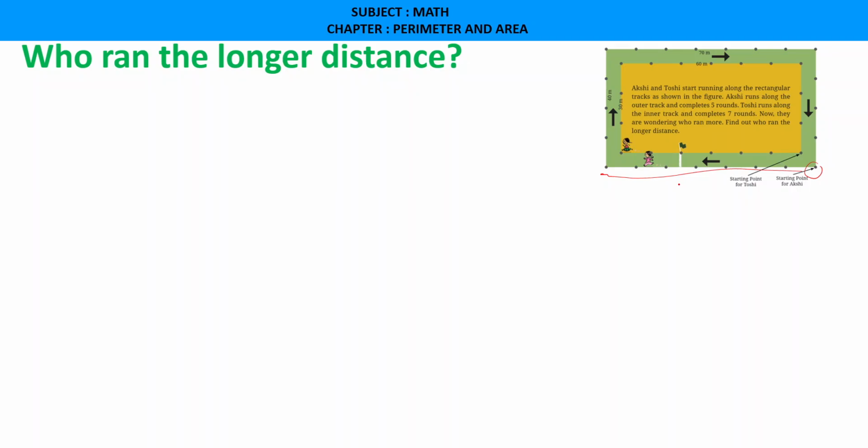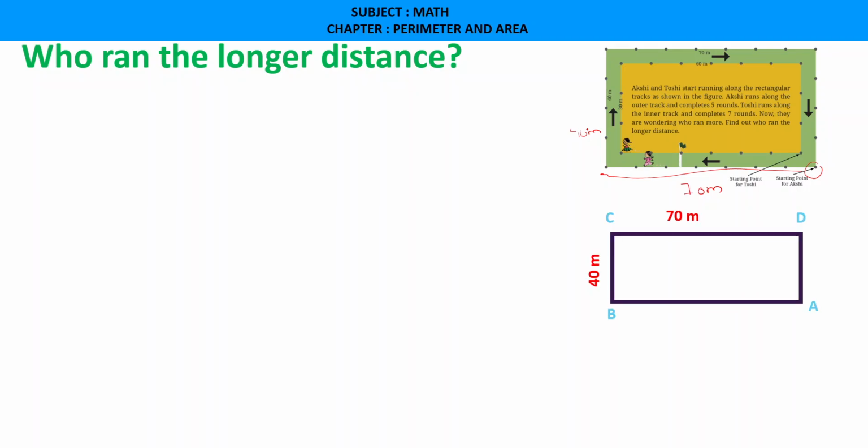Thus the length is 70 meters and the breadth is 40 meters. Simply we are drawing a rectangle ABCD where the length is 70 meters and the width is 40 meters. This is the path taken by Akshi.